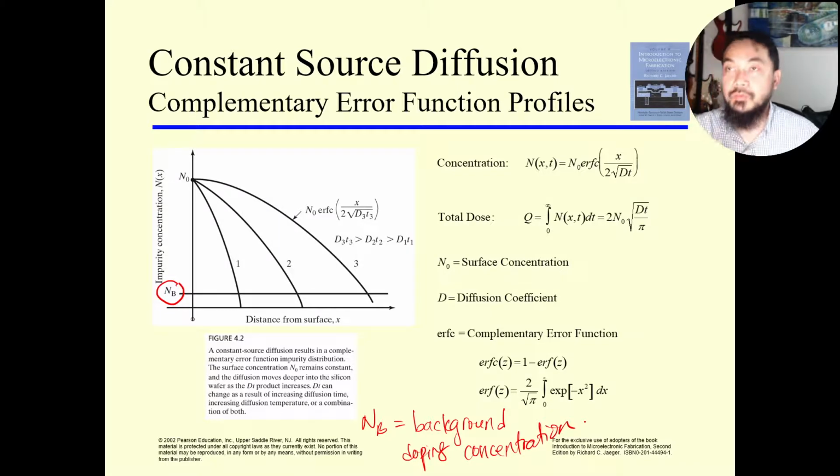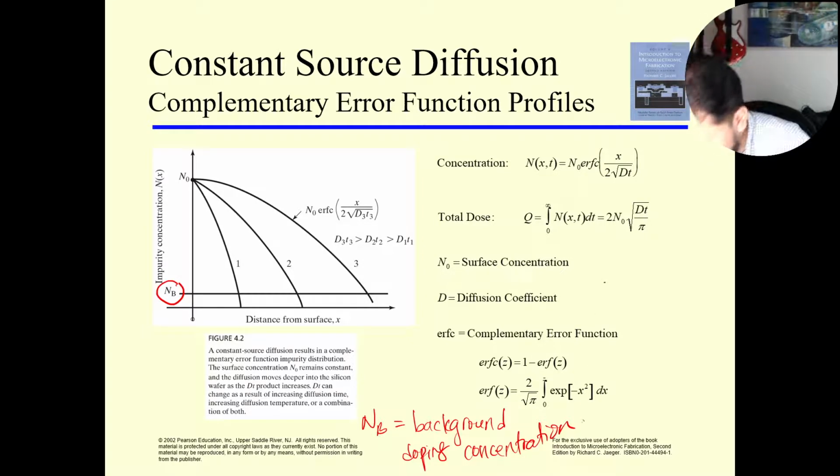Okay, remember when we fabricate devices, that silicon wafer must already have been doped with a uniform doping concentration. If you use pure silicon, it's useless. So we use diffusion to create a shallow junction, or an area which has the opposite doping type than the background doping of the wafer.